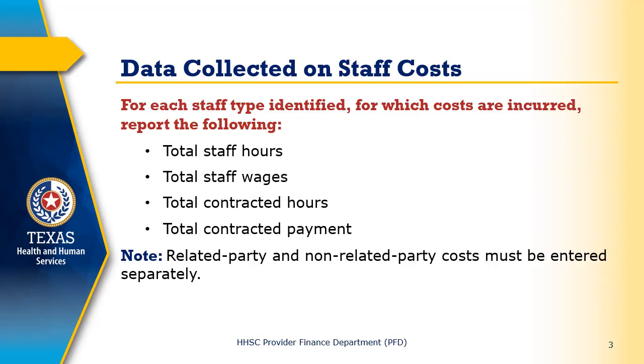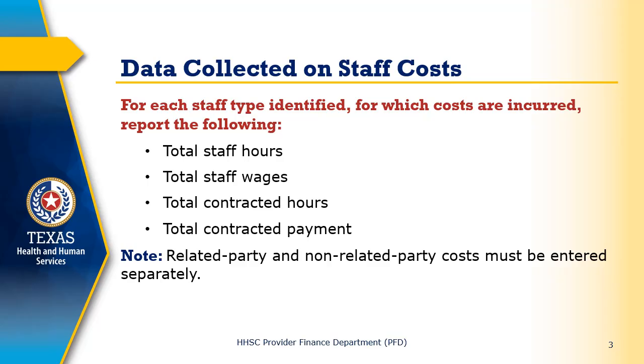For each staff type identified, for which costs are incurred, report the following. The data collected on staff costs in this section includes the total staff hours worked as well as the total staff wages. It is equally important to document the total contracted hours, reflecting the hours worked by contracted staff.